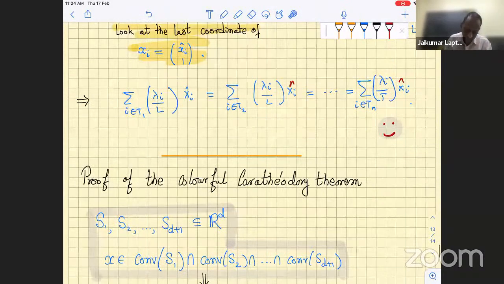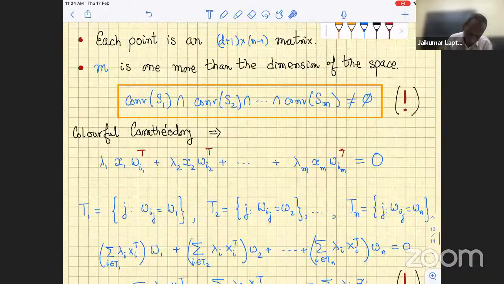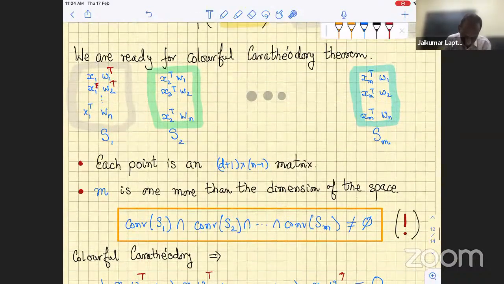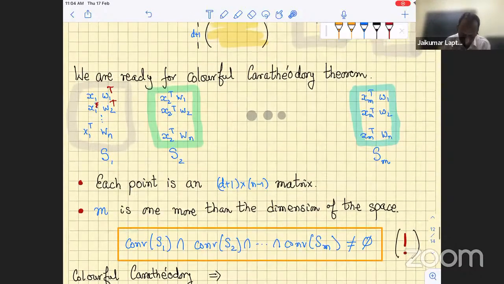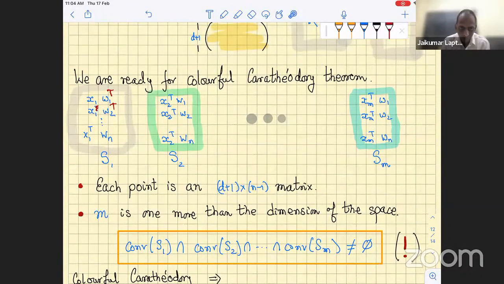So any questions? Yeah, so I wish I hadn't messed up with the transposes. Yeah. So I will correct it in the notes, but I would really like you to please read the notes and understand this theorem.